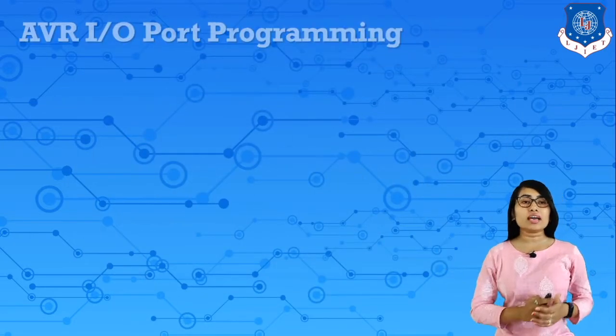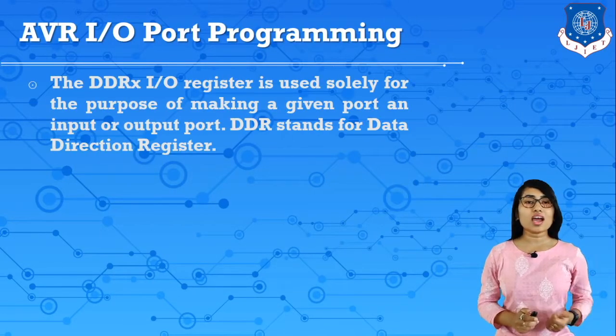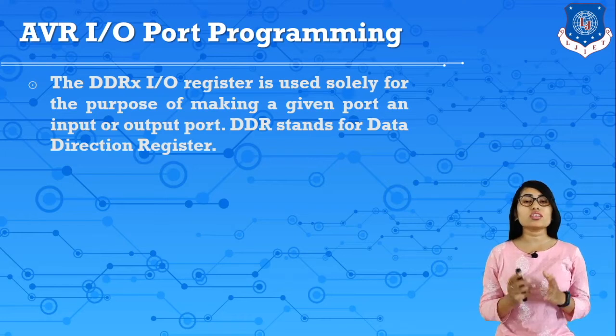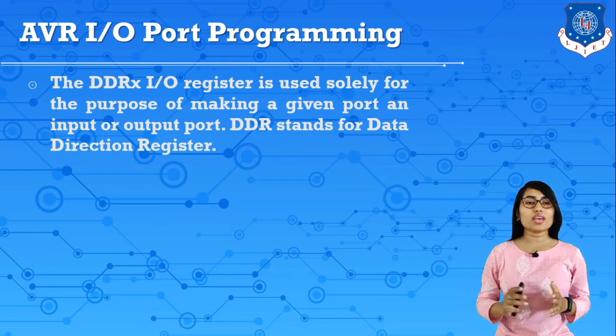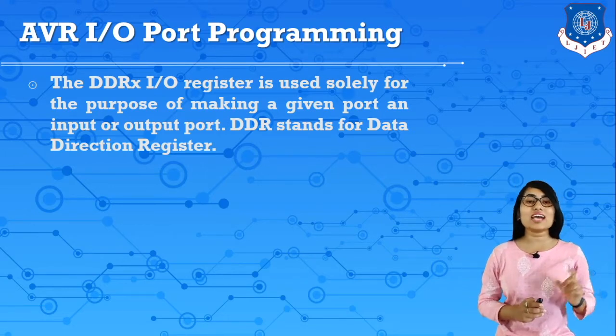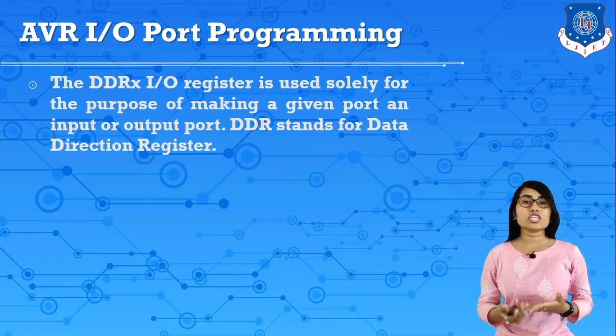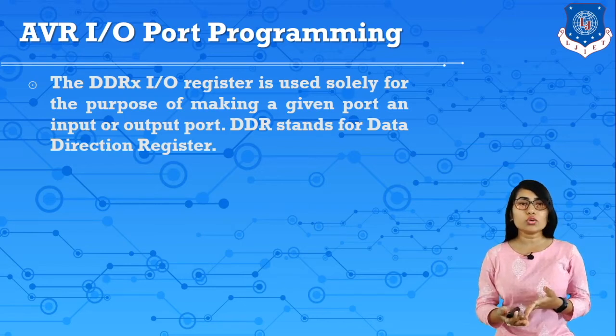Next we have the DDRX register. This DDRX input output register is used for making a given port either input or output. DDR stands for data direction register. What operations do we perform with these input output ports?